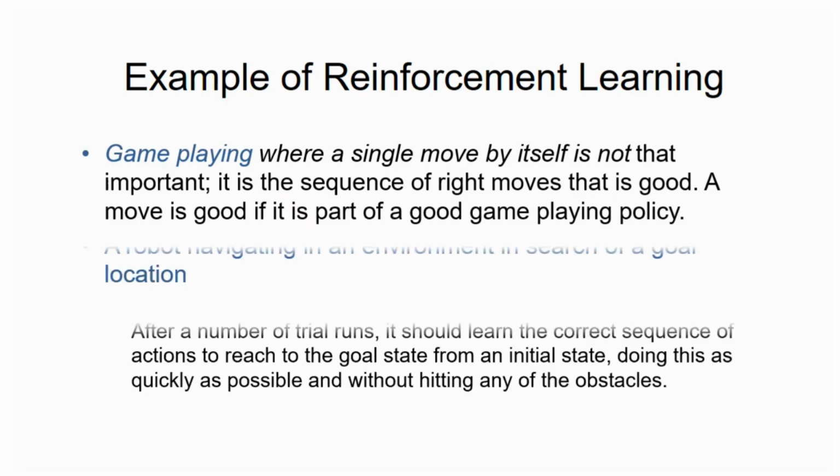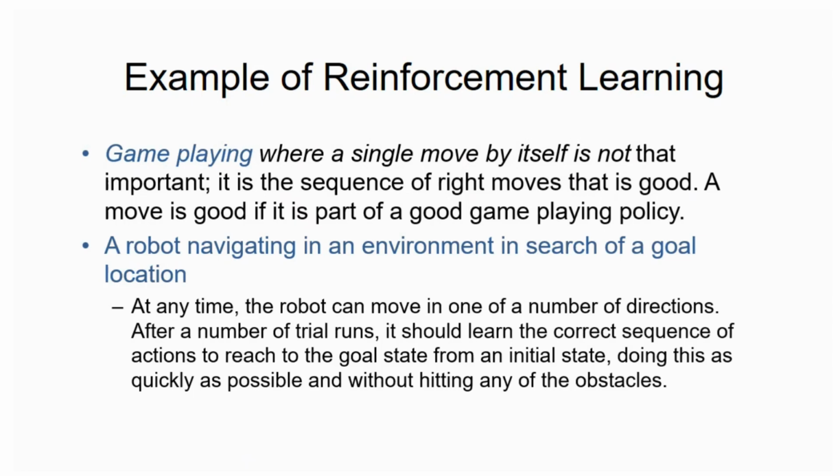And then robot navigation in an environment is similar to reinforcement learning. We train the robot in a reinforcement fashion. The robot is allowed to move along a path for a predefined number of moves. It can go straight, right, left or back, whatever.